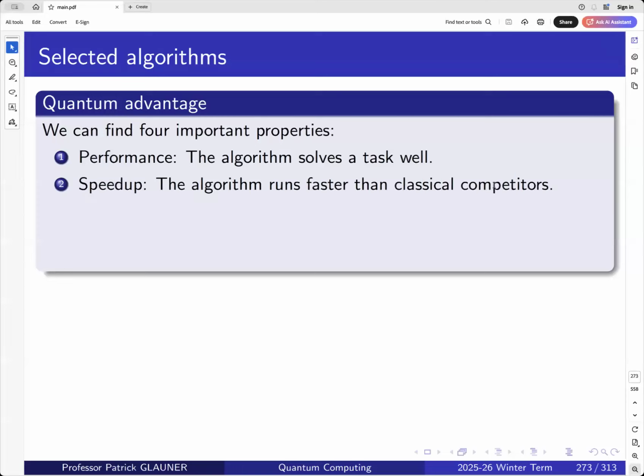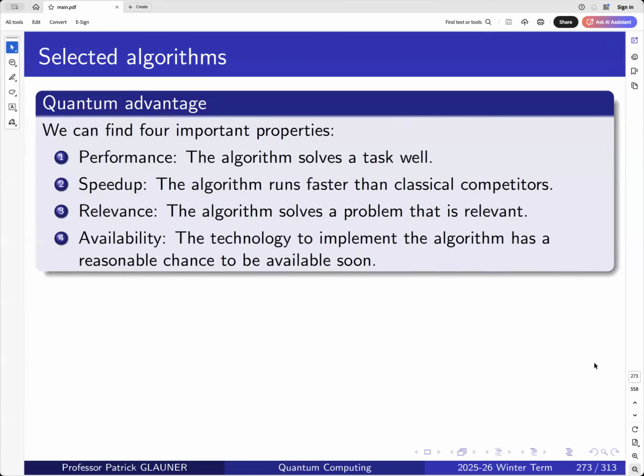Then the second property is speedup. That means the algorithm runs faster than classical competitors, ideally in a better complexity class and not just by some factor. Relevance means that the algorithm solves a problem that is practically relevant. Most of the algorithms from the quantum algorithm zoo I mentioned earlier are probably not relevant, purely academic.